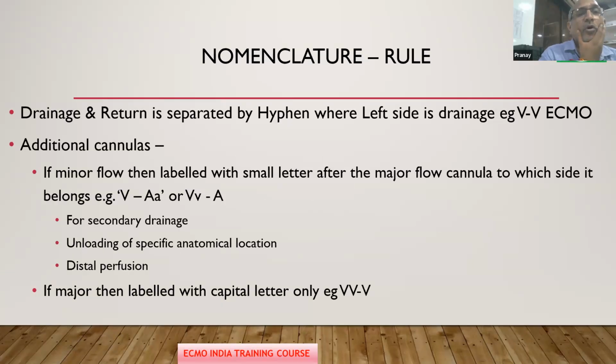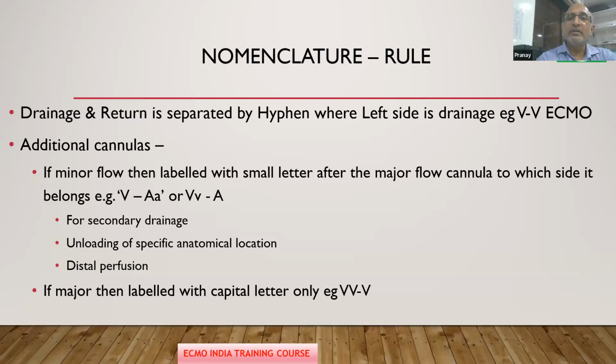Basically, the drainage and return cannula are separated by a hyphen, where the left side is always the drainage and the right side is the return. Whenever you put an additional cannula, if the flow is minor, then it is labeled with a small letter.